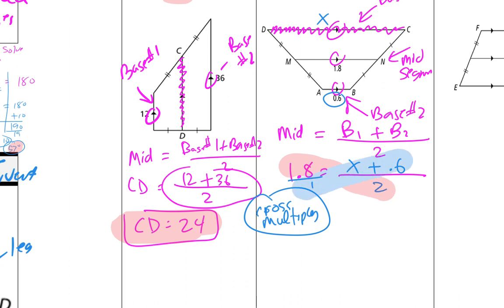I like to work with the one with the X first. That's actually pretty easy: 1 times anything is the same value. 1 times X plus 0.6 is still going to be X plus 0.6, equals the other one, 2 times 1.8. If we type that into the calculator, we get 3.6.